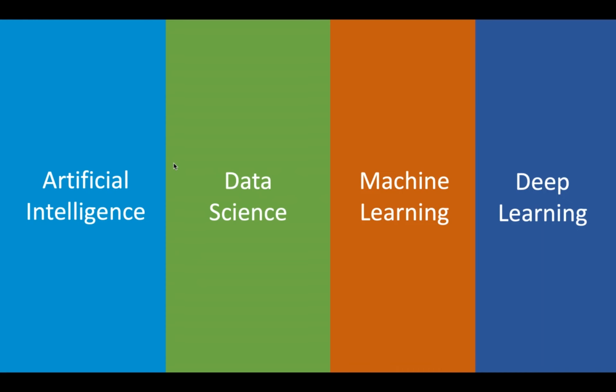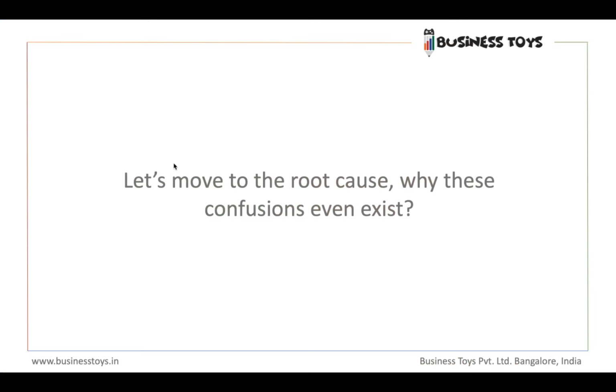So let us address the bigger funnel about the terminologies which fall under these different categories, right? So that is the reason I thought let's move to the root cause of this problem, because of which this confusion exists. So what I've done is to simplify your approach of understanding data science.